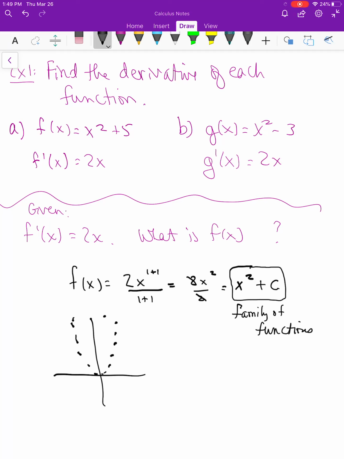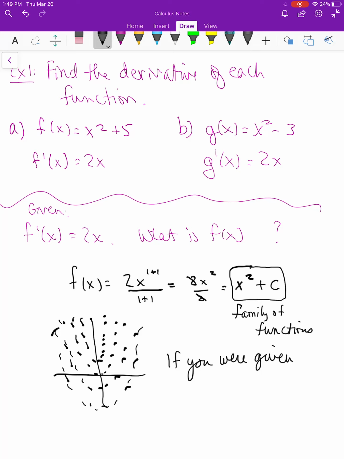If you had to think about what it looks like, it could have been at 0. It could be at 1. It could be at negative 1. So you can see how it's like a family, and I know that this is hard to see, but it's like a family of functions. It could be any of these functions.